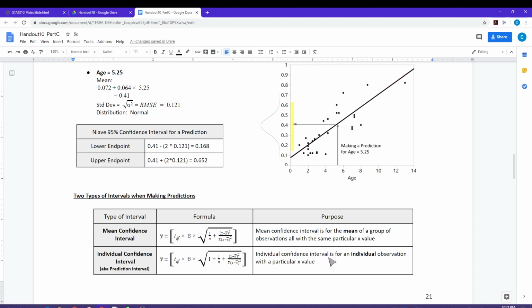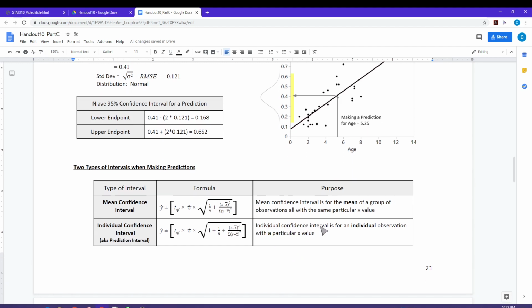An individual confidence interval, or a prediction interval as it's sometimes called, is used for an individual observation. So that would just be for a single lion. A lot of people will get these two confused. And in practice, most of the time, we are interested in an individual confidence interval.